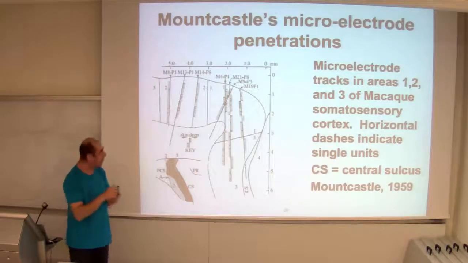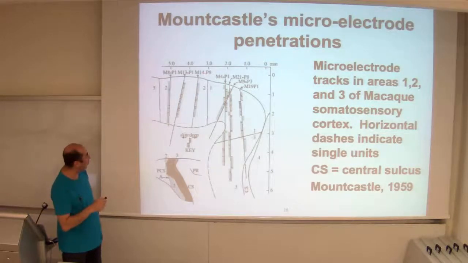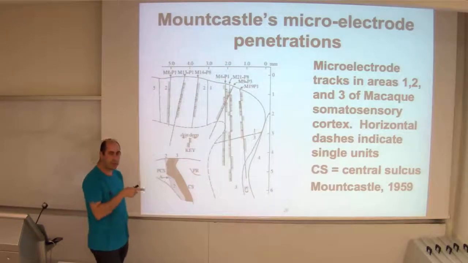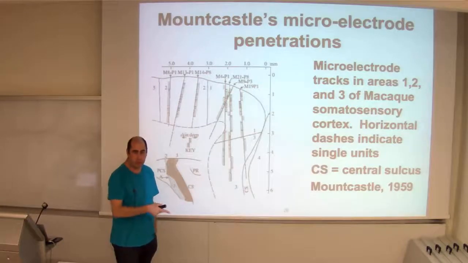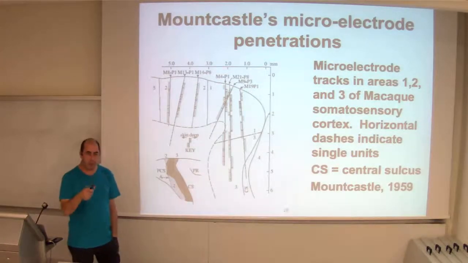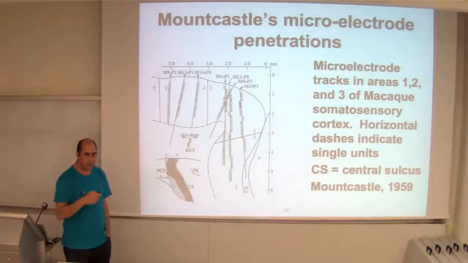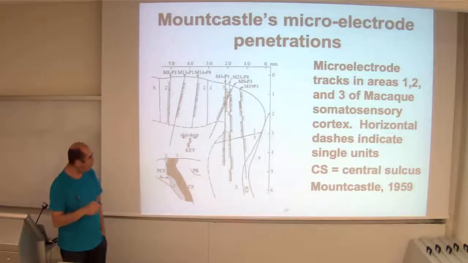What he found out is that when he does a penetration deep inside the cortex, perpendicular to the surface, it keeps receiving information from the same modality. But when he moves around, he starts getting information from different modalities.